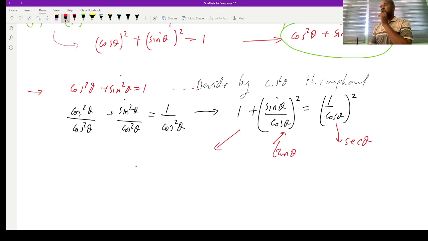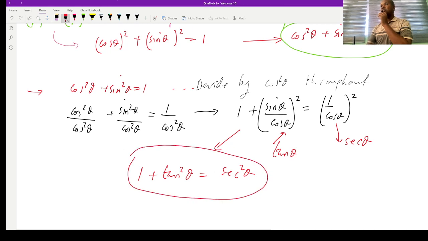So from this expression, we'll be seeing that 1 plus tan square theta will be equal to sec square theta. So this is the second identity, which is again very important to be remembered, because this identity will be used in so many other different areas.